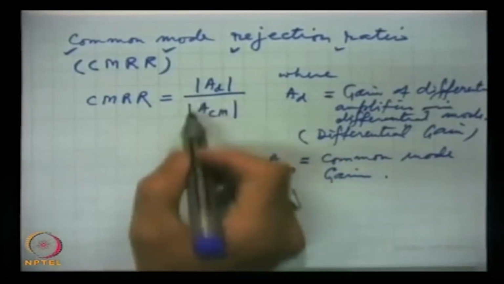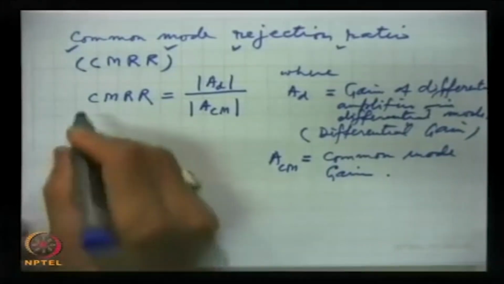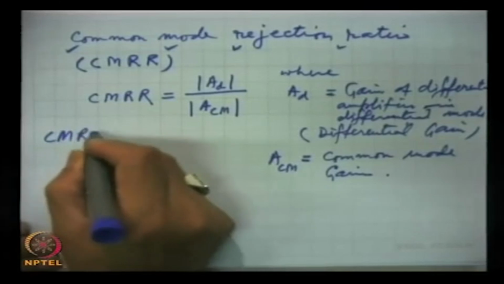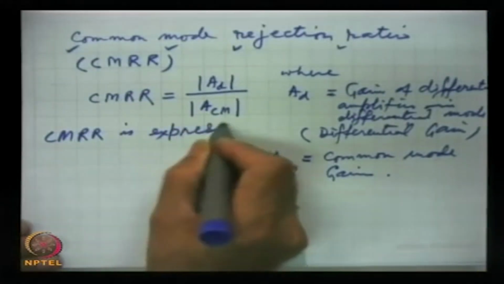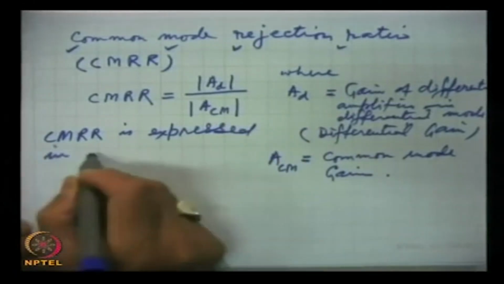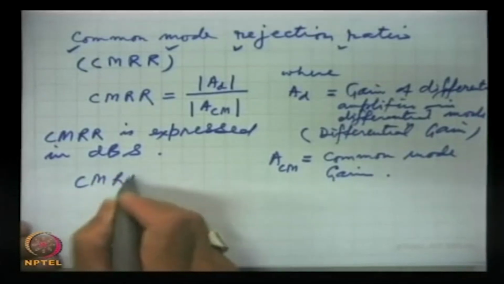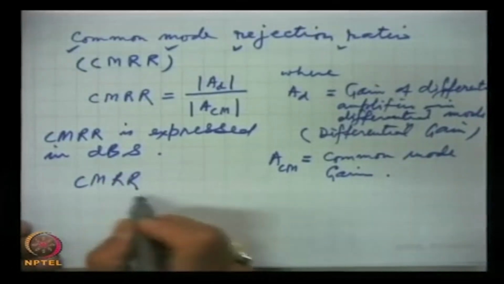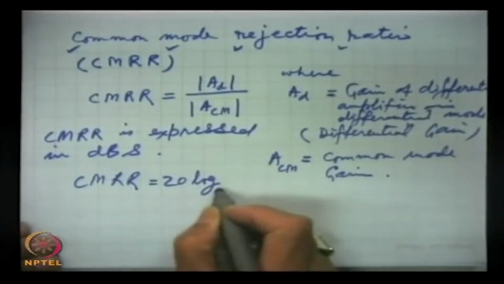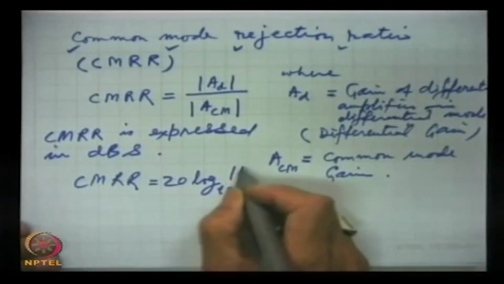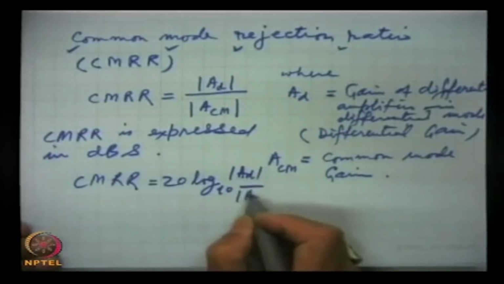So, this ratio gives CMRR, and normally the common mode rejection ratio is expressed in decibels, in dBs, and then CMRR is equal to 20 log base 10 of AD by ACM.